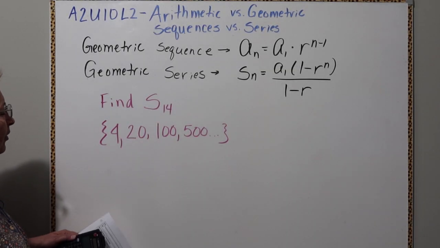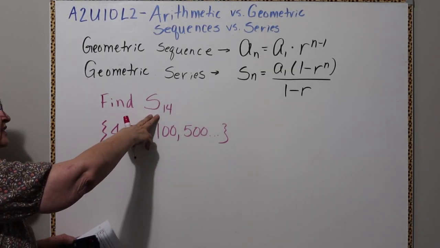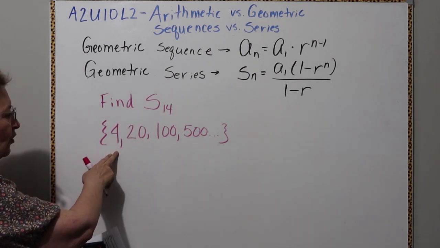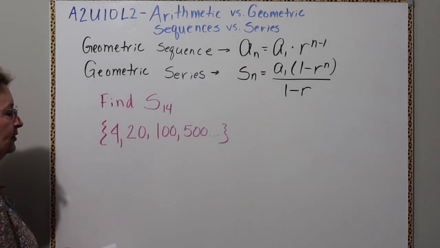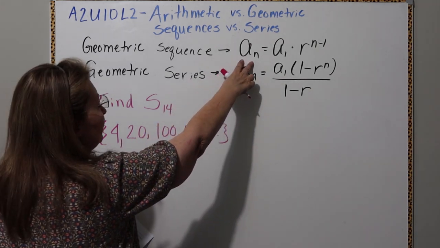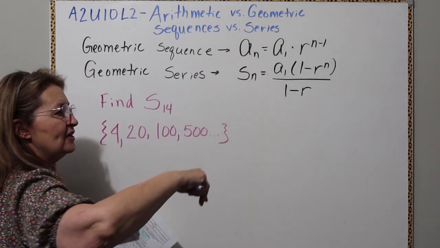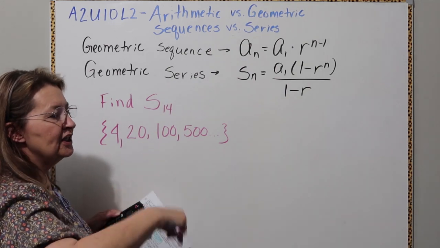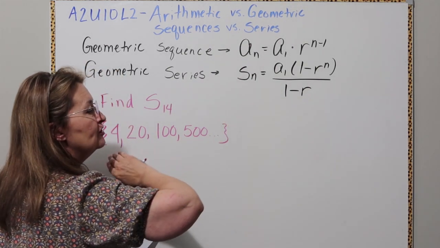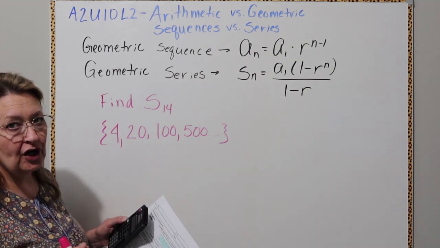Now let's look at some series problems. So let's look at one more problem. I want to find the sum of 14 terms from the sequence 4, 20, 100, 500. All right, how do you know which formula to use? Well, remember, the formula that has A is for a sequence number, for one particular term in that sequence. S gives you the sum of however many terms.